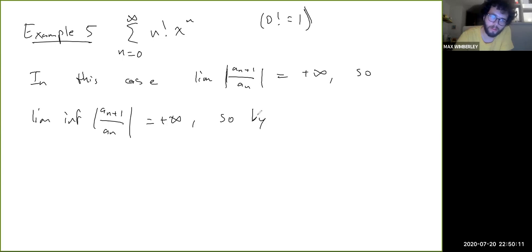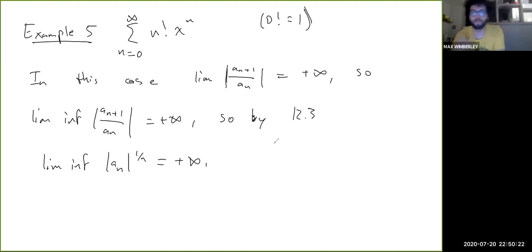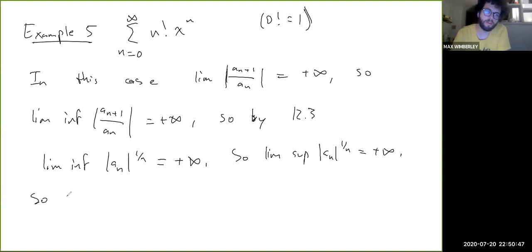So by 12.3 again, the lim inf of a_n to the 1 over n is also plus infinity. Remember, 12.3 says the lim inf of a_n to the 1 over n is greater than or equal to the lim inf of a_(n+1) over a_n. So if this one is plus infinity, then this one is also plus infinity, right? So that means the lim sup is also plus infinity. So r equals 0, right?